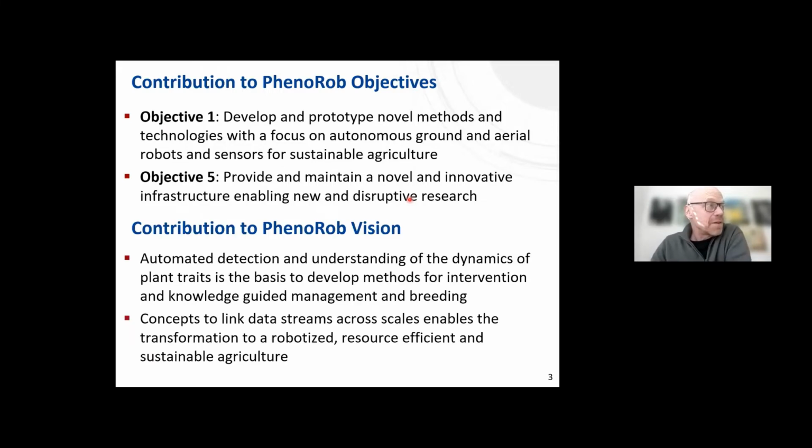So with this first step in the scientific understanding, we contribute to the general PhenoRob vision that future automated detection and understanding of the dynamics is the baseline for knowledge-guided management and breeding.